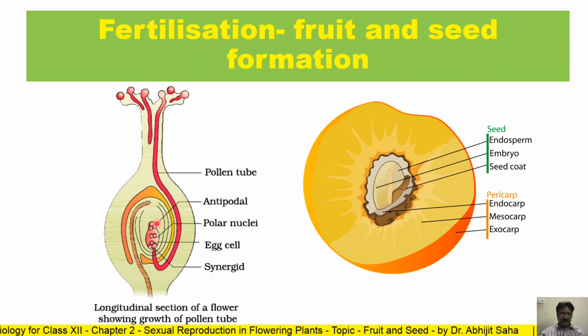We have learned how this structure develops into two things. One is the endosperm and the other is the embryo. The egg cell converts into zygote and the zygote develops into the embryo. Polar nuclei fuses to form secondary nucleus, which with a male nucleus forms the primary endosperm nucleus and finally the endosperm.